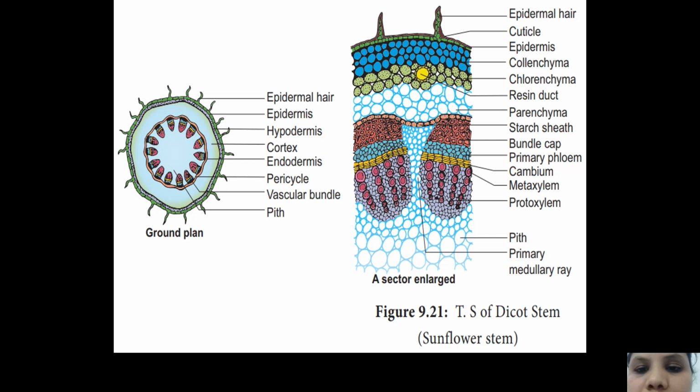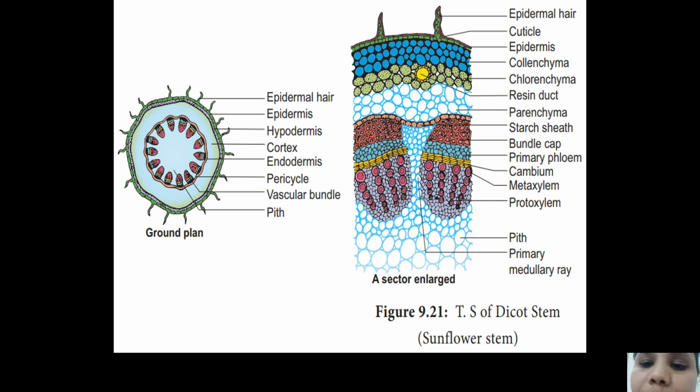If we observe here, the epidermal cells are arranged compactly without any intercellular spaces. Now, in these cells there could be some chloroplasts present, and epidermis gives rise to epidermal hairs.